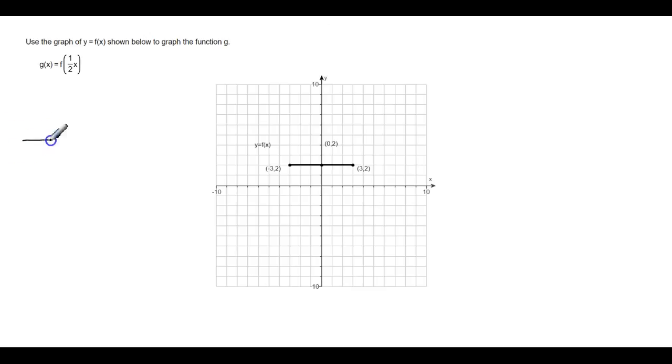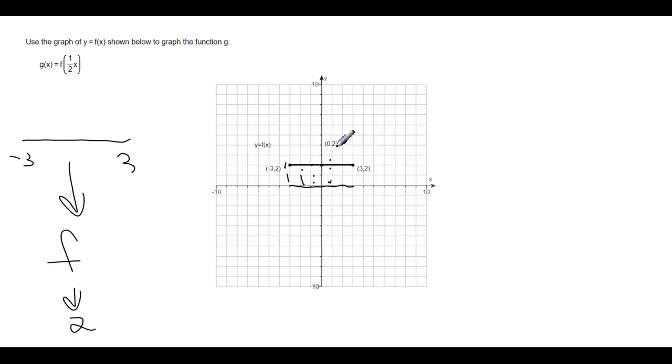So any number between -3 and +3 on the x-axis, this part down here, goes into the f function. And then what does the f function do? It takes those numbers and sends them all to the number 2, and that's the height. So that goes up to 2, that goes up to 2. So any number from that black line down there goes up to the height of 2.